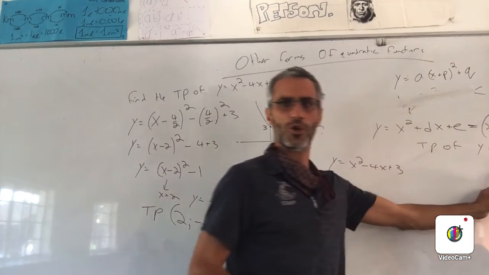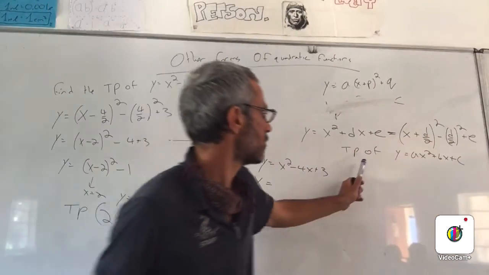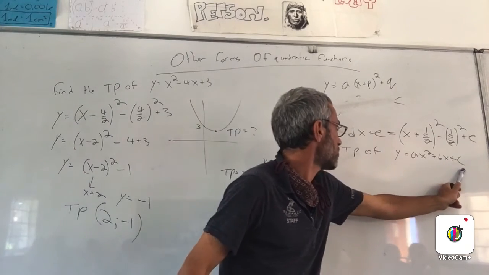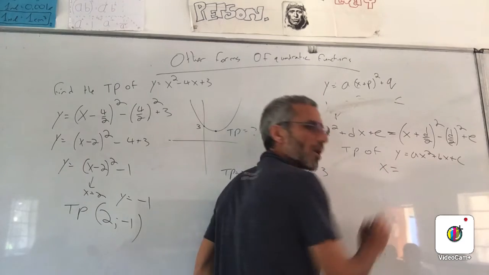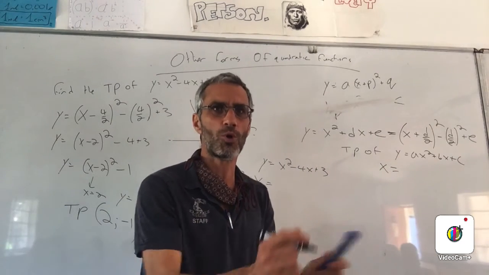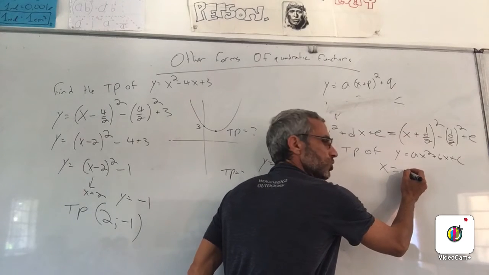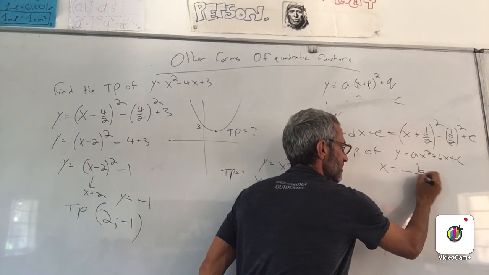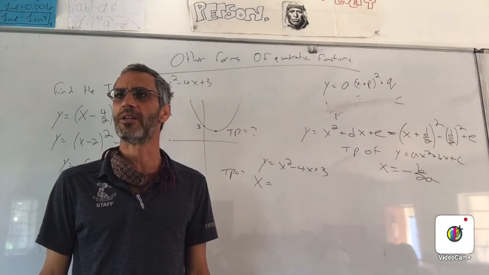If I give you a certain quadratic function in this form, and you ask what's the turning point, the x is always going to be, drum roll, minus b over 2a. Fantastic. Always going to be minus b over 2a.